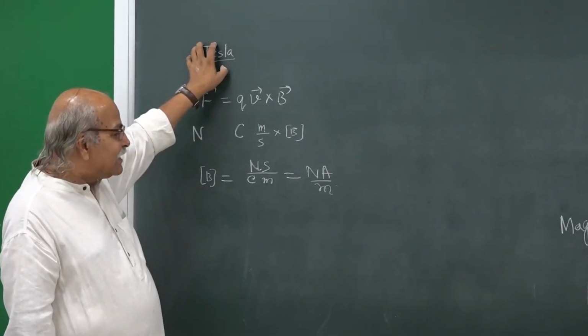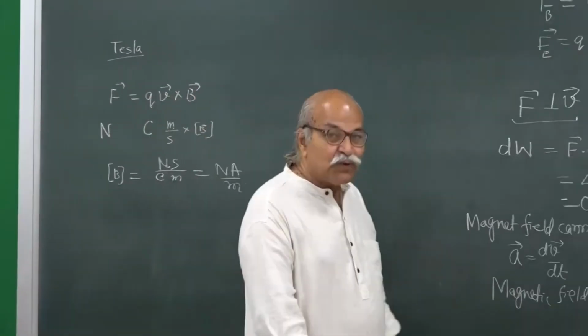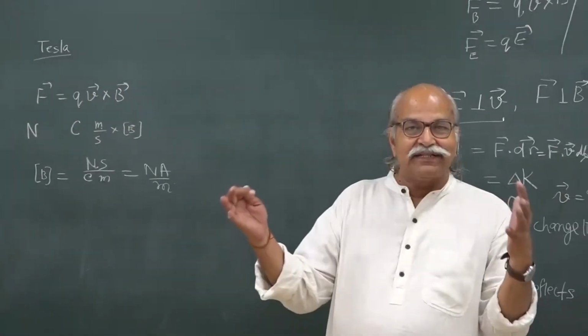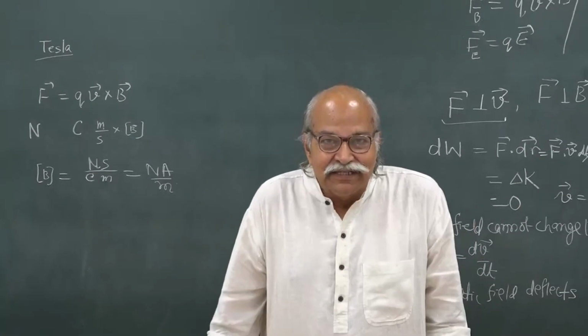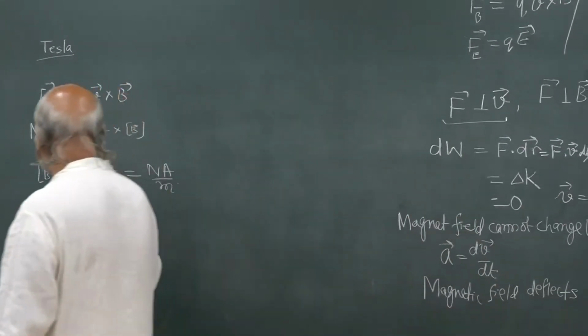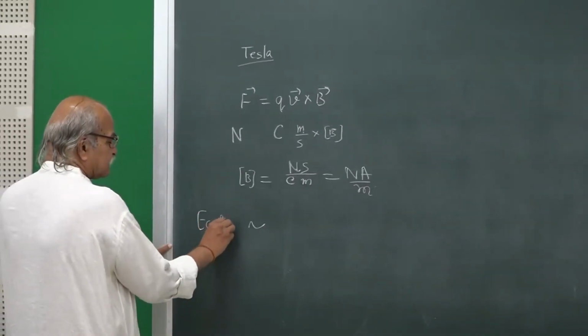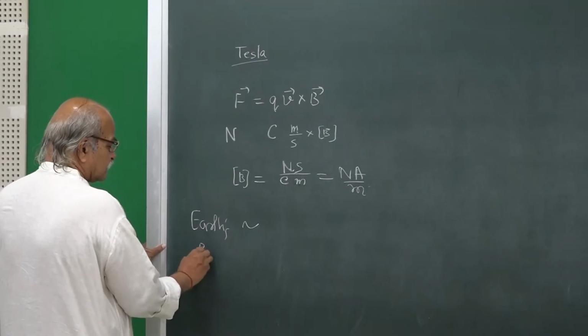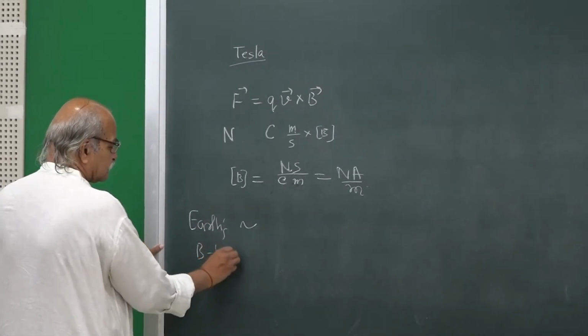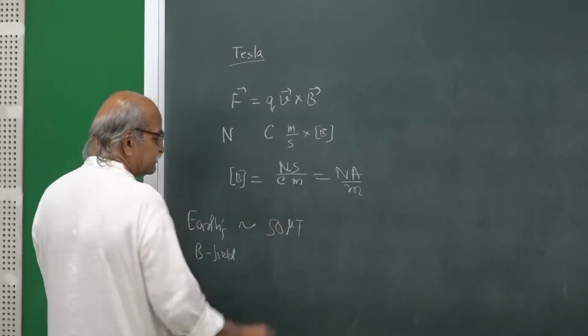Now, this Tesla seems to be a somewhat larger magnetic field, a strong magnetic field. The Earth's magnetic field is typically 50 micro Tesla or so.